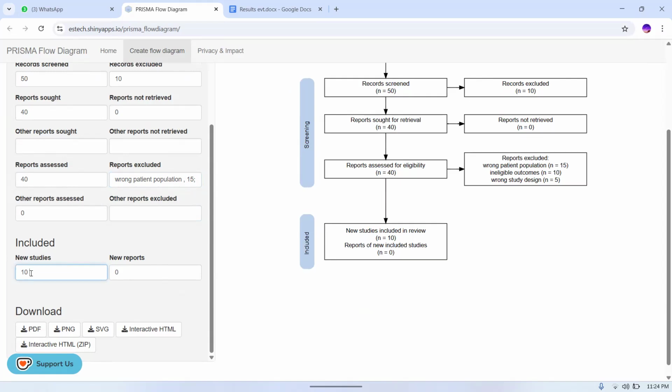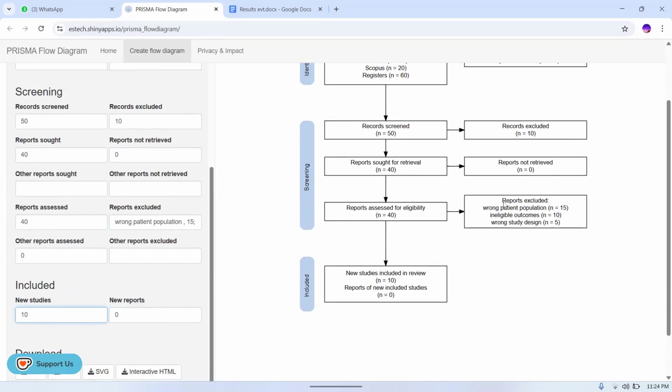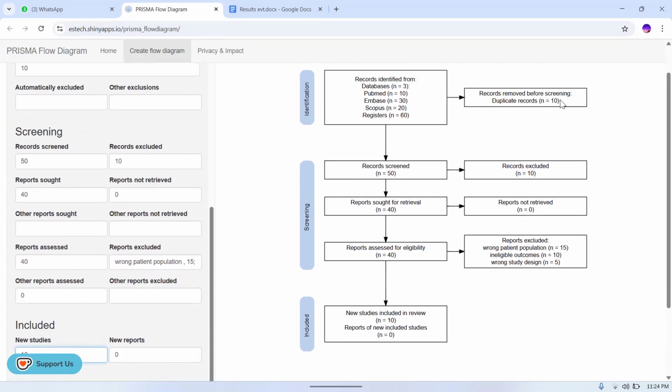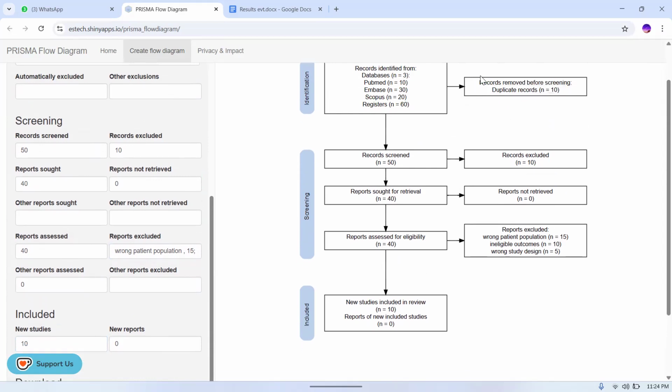This new article number now you won't write hypothetical, you would write the exact number of articles included in your study. This thing is only hypothetical. And sometimes if you don't remember the Rayyan screening thing, you can write the duplicates from your side too. But mostly we open the Rayyan file and from there we quickly see how many articles were imported to Rayyan and how many duplicates were there.